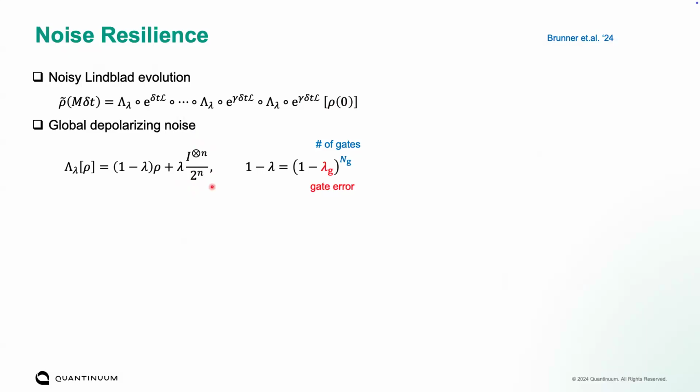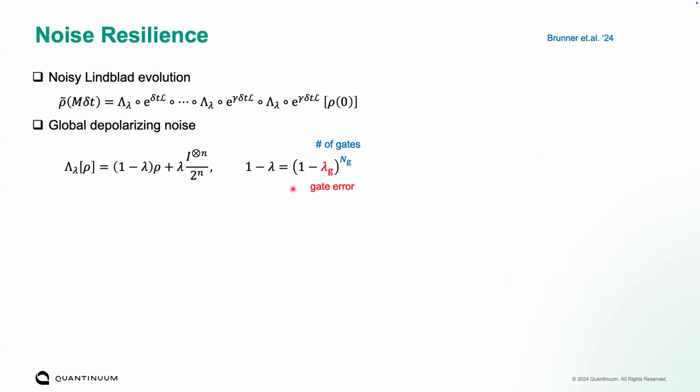To do some analytical study, we further simplify. So what would you expect this probability to be? So let's say you have this circuit, Trotterized, and that contains N_G gates, let's say N_G two-qubit gates. Then the probability that you will successfully execute this is given by the probability that all the gates are successfully executed.